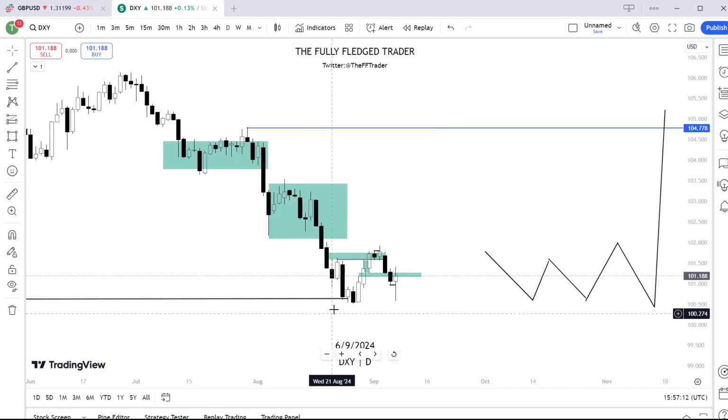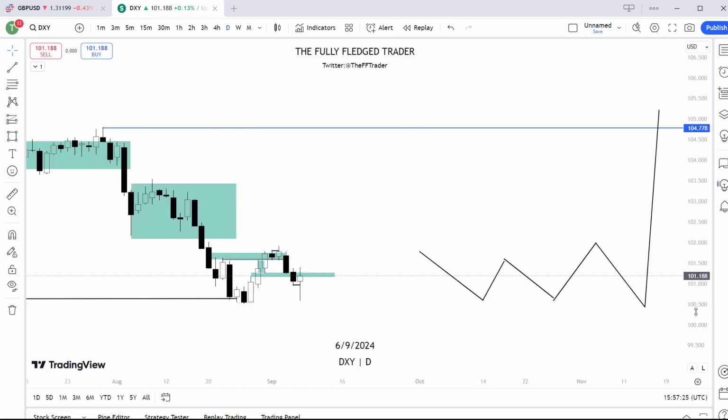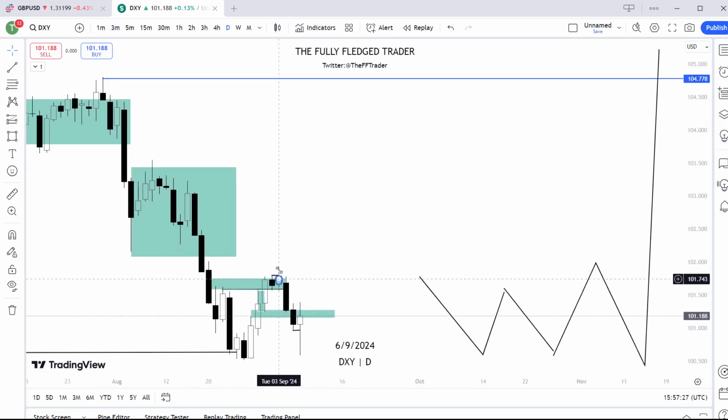So price switched into this inefficiency there, traded lower, it failed to push the low there. So possibly this one should be the target. Let me switch to the forward chart. I'll be working with this high and low there.